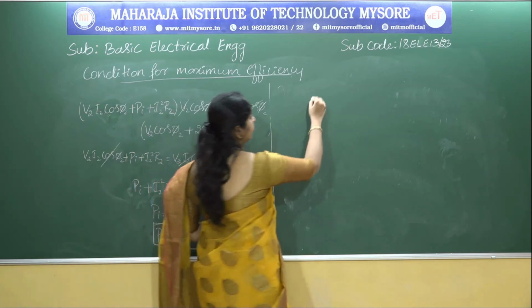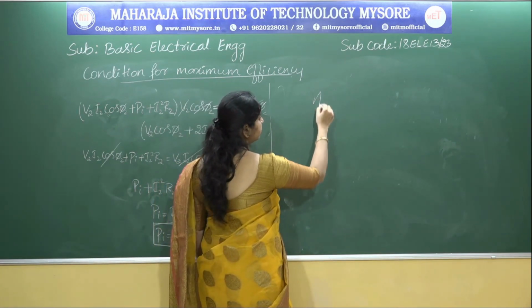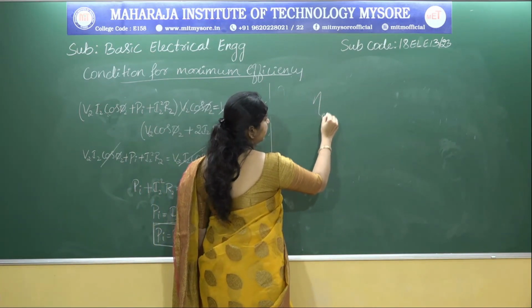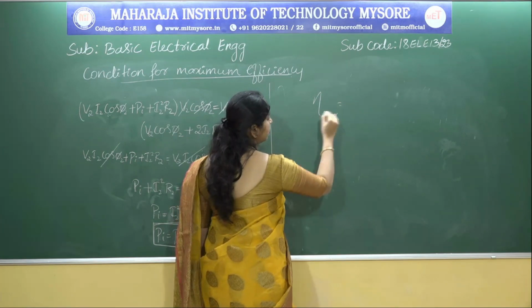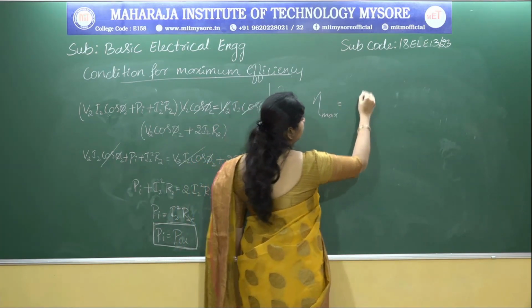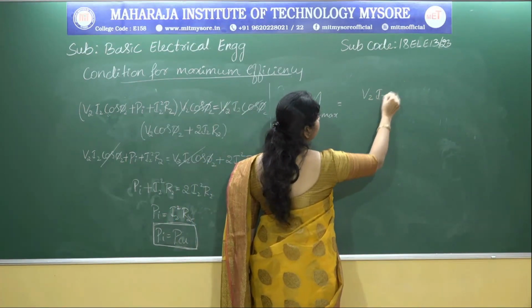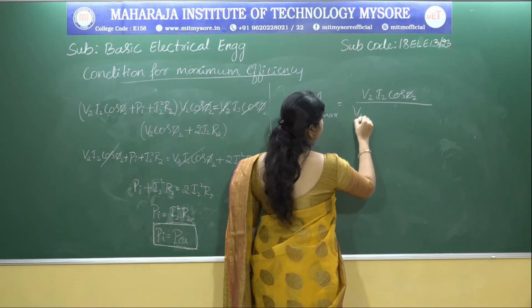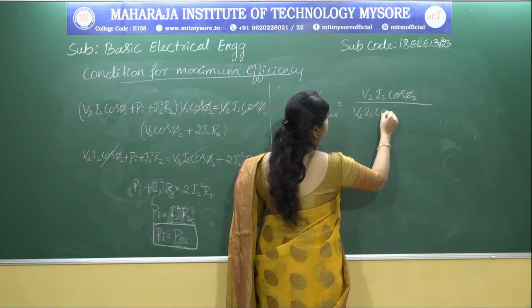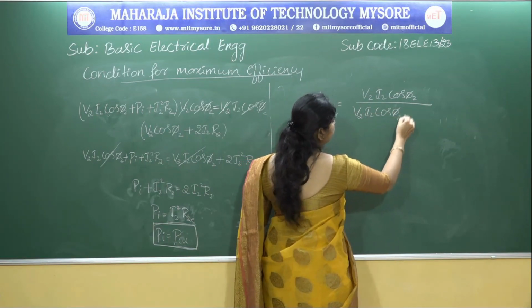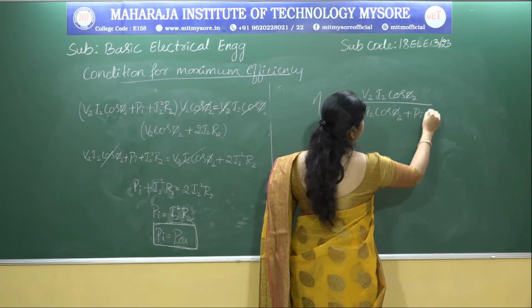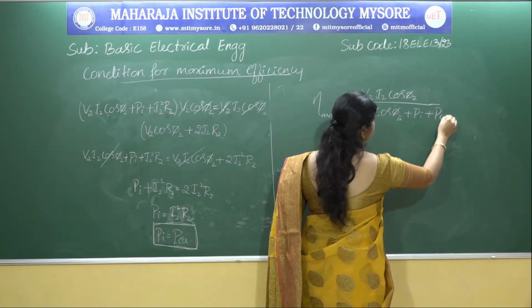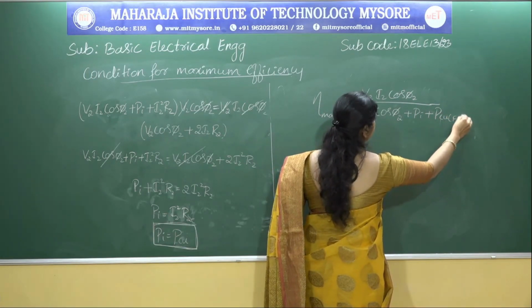And with this condition, we can also express the efficiency at maximum. So maximum efficiency is equal to V2 I2 cos phi 2 divided by V2 I2 cos phi 2 plus Pi plus PCU full load.